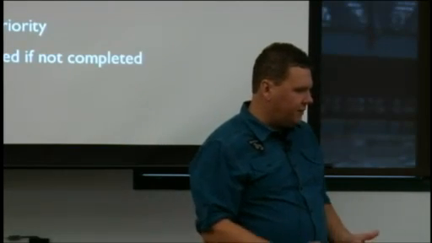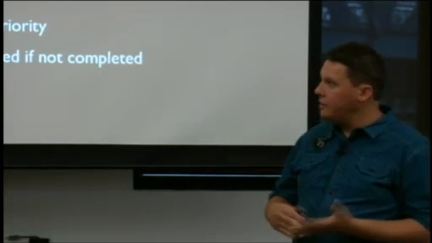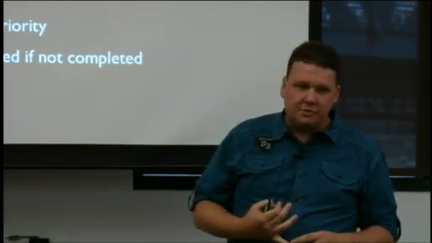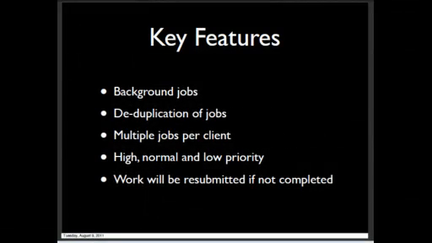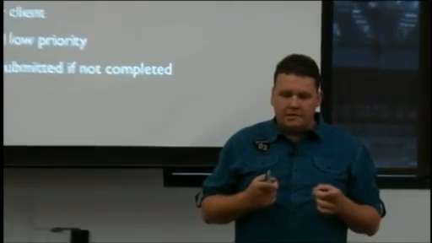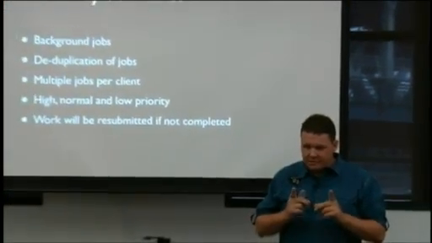So the key features that make Gearman very interesting are that it can do background jobs, which means you can just ask for a job to be done, and then you don't care when it gets done or what the answer is. You can just have work done for you in a background manner. You have de-duplication of jobs. So the job ID that you give to Gearman D is a unique identifier that represents that job.